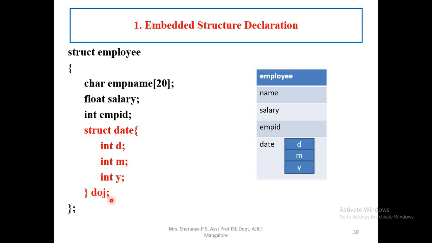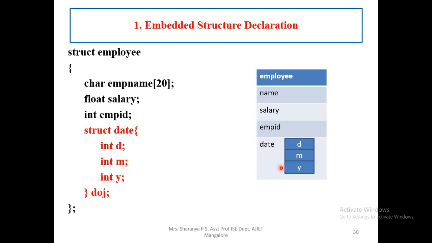One way is inside main, by using the struct keyword, the structure name and then the variable. The other way is to define the structure variable while defining the structure itself. This is the inner structure, which is present in the outer structure employee.